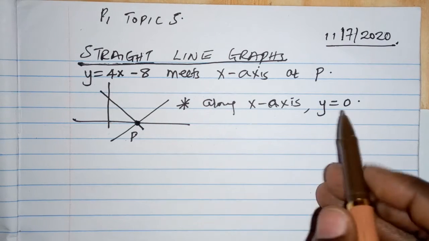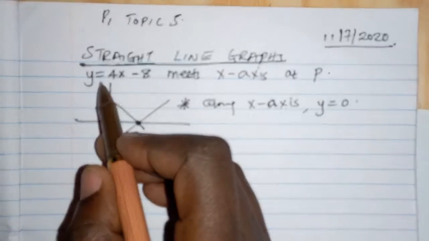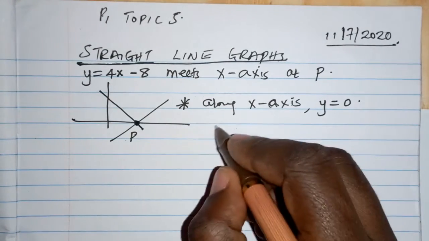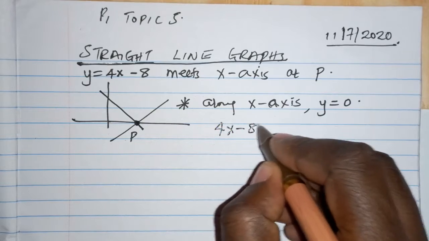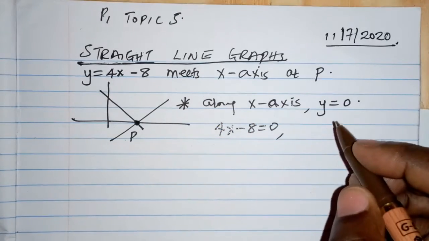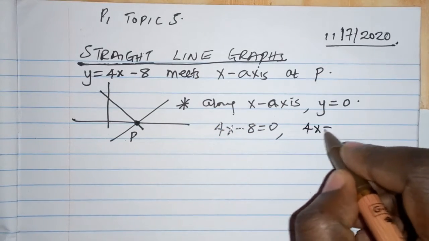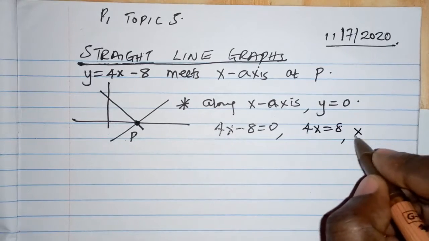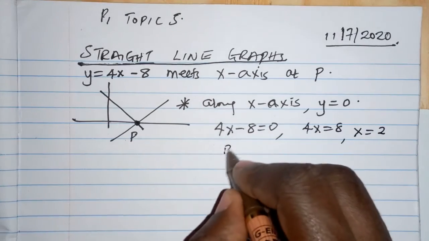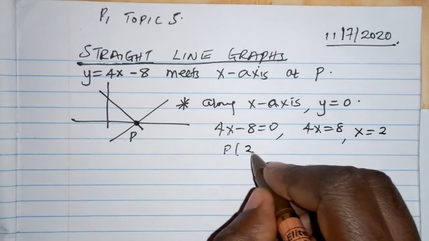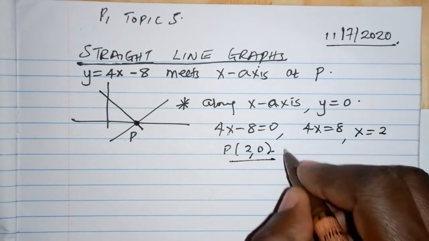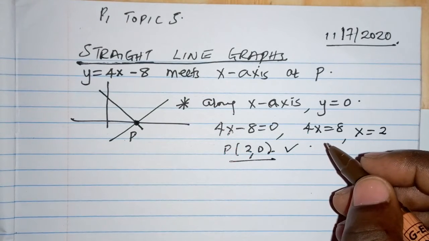What do we mean by this? We substitute this 0 in the equation given and have 4x minus 8 equals 0. Then 4x equals 8 and x equals 2. So point P has coordinates (2, 0).